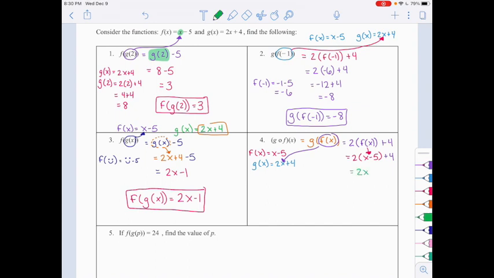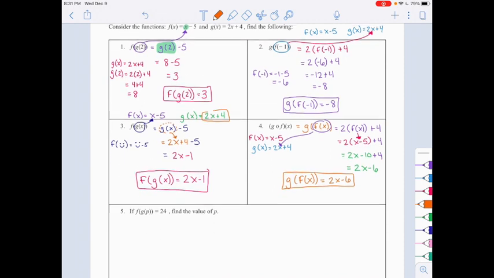Distribute. Simplify by combining like terms, and I get 2x minus 6. So g of f of x was equal to 2x minus 6. I created a new function by putting f inside of g.